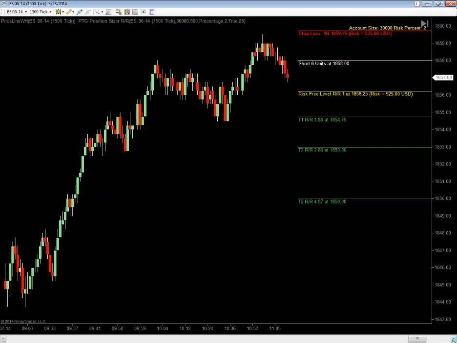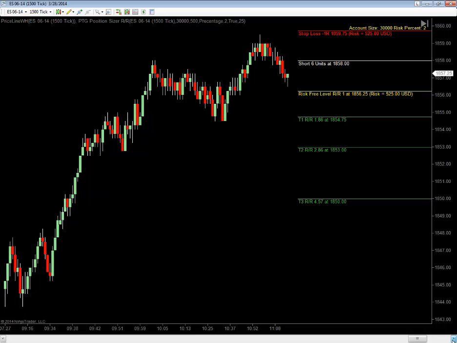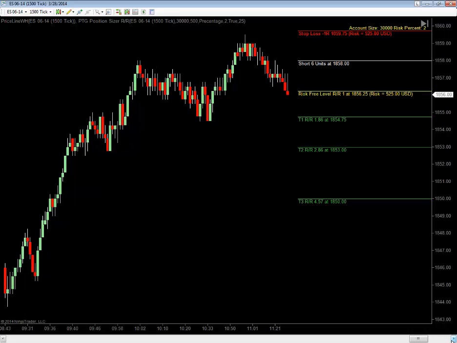I'll just move the cursor a little bit forward, and you can see right there at 1856, this would be the point at which, if you sold 6 contracts here, you could take a partial off.